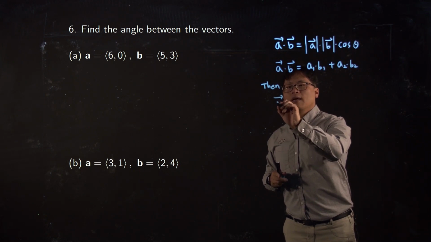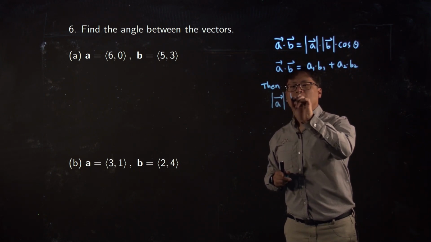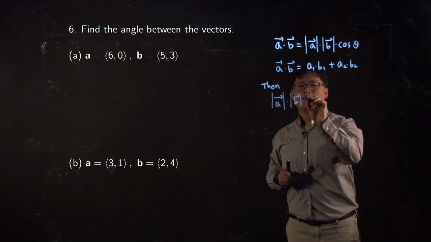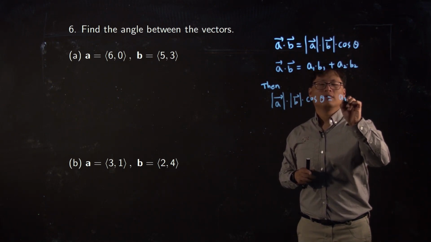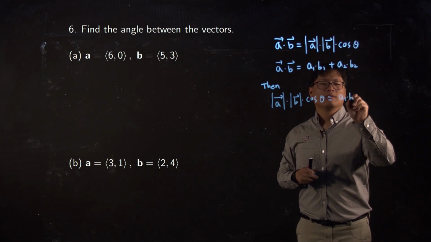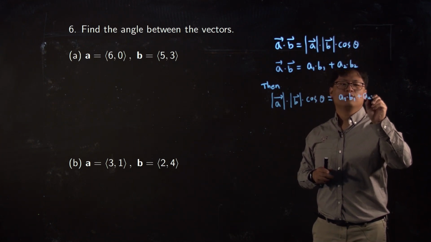The length of A times length of B times cosine theta is equal to A1 B1 plus A2 B2.